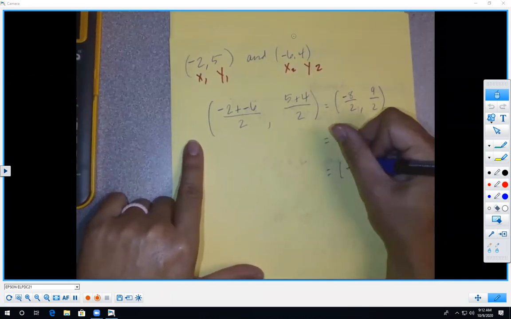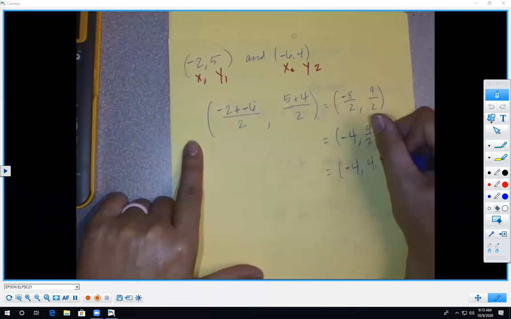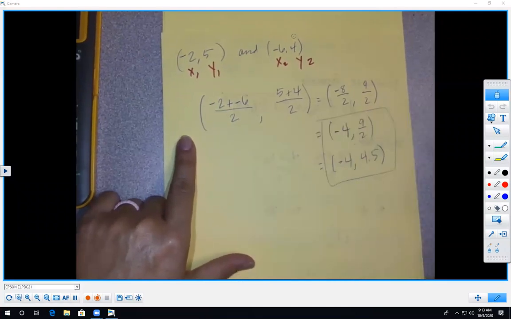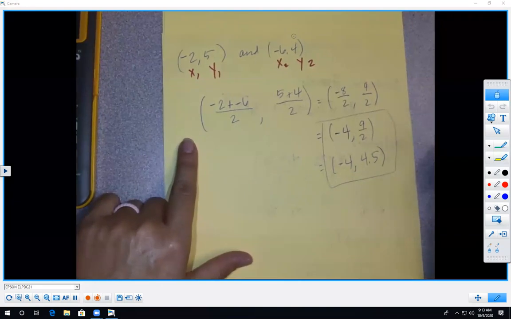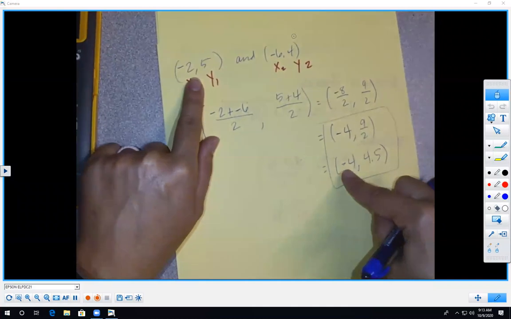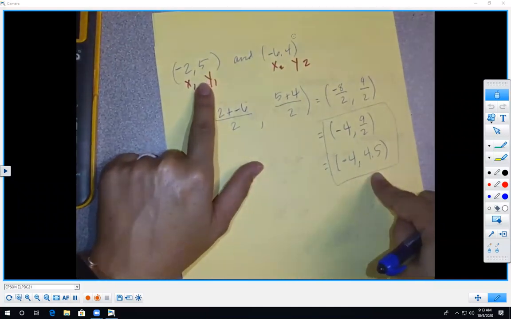As a decimal, it would be 4.5. So (-4, 4.5). And that should kind of make sense. For the point directly in the middle, if you look at your x value, the number in between -2 and -6 is -4, and the number in between 4 and 5 is 4.5.